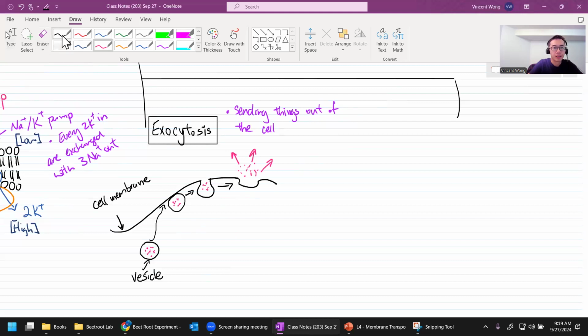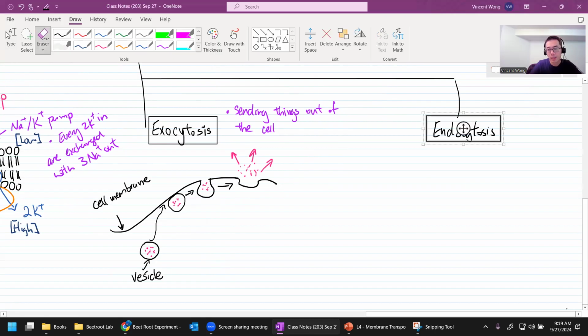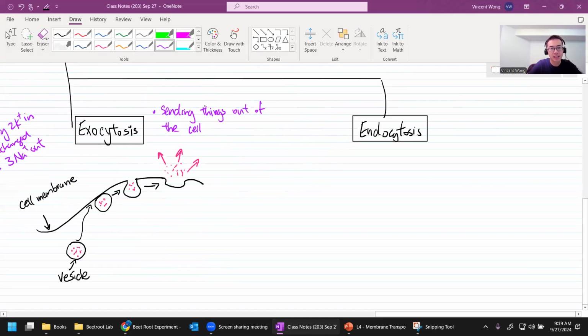The other type of bulk transport is endocytosis. Opposite of exo is endo. So in endocytosis, instead of sending things out of the cell, you're bringing them in: really big things, or a lot of something, into the cell.